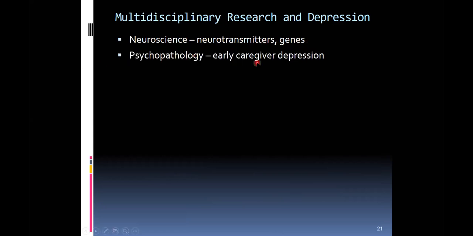Psychopathologists have noted that if the person had a caregiver early on in life that was depressed, they also may become depressed as a result. Biologists have noted that lack of exposure to daylight can increase the likelihood of depression, particularly amongst some people.